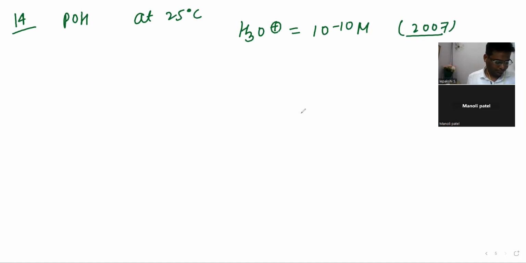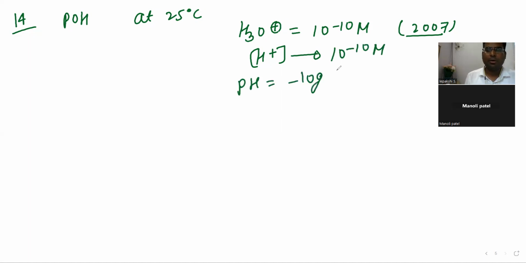So see now the explanation. As we know, H3O plus is nothing but your H plus ion concentration. It is 10 raised to minus 10 molarity. And we know pH is equal to minus log of H plus concentration.